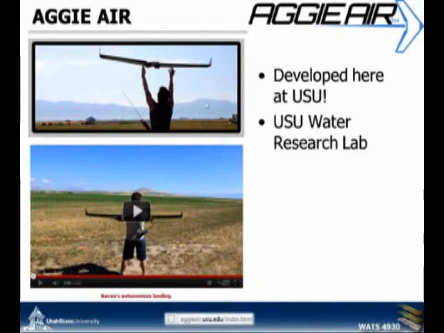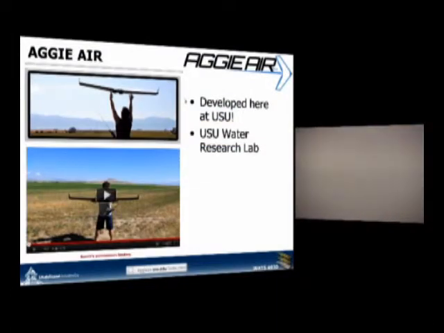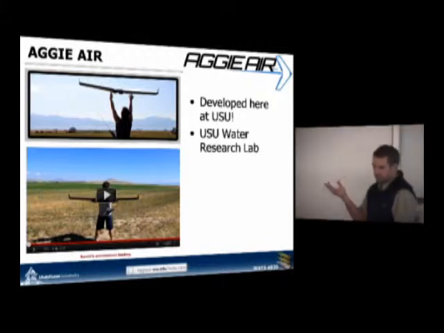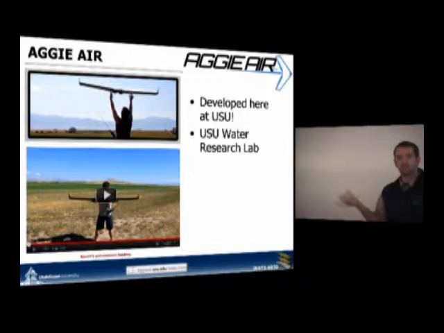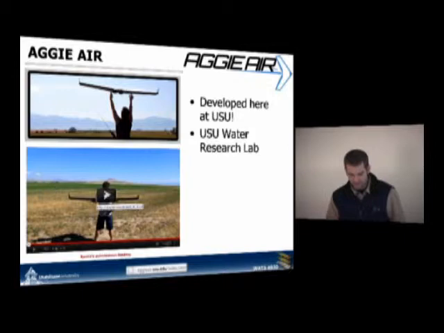Down at the water lab, Aggie Air, Austin Jensen and folks down there have developed this platform. On the one hand, it's really high-tech and really neat. On the other hand, it's a glorified piece of styrofoam with some cutouts in it, a little toy remote control unit, and a computer on board that stores all the images.